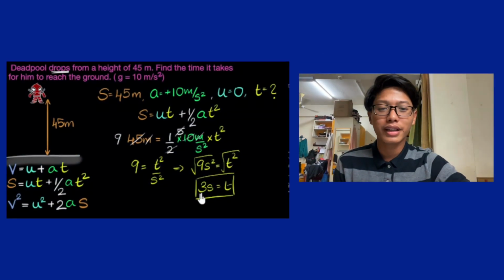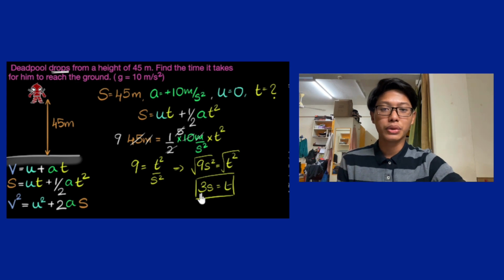To enhance our knowledge of free fall, I will give you one example. Deadpool dropped from a height of 45 meters. Find the time it takes for him to reach the ground. Assume the g acceleration is 10 meters per second squared.